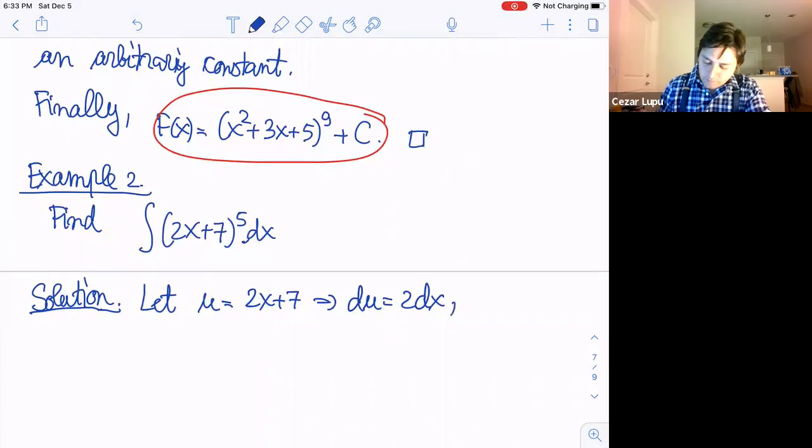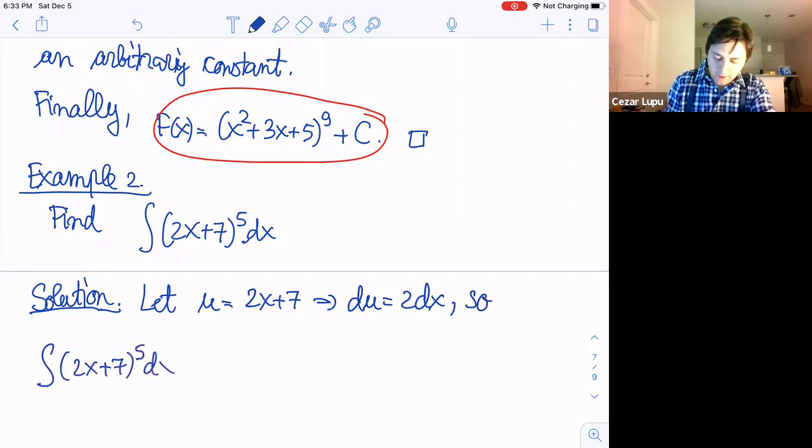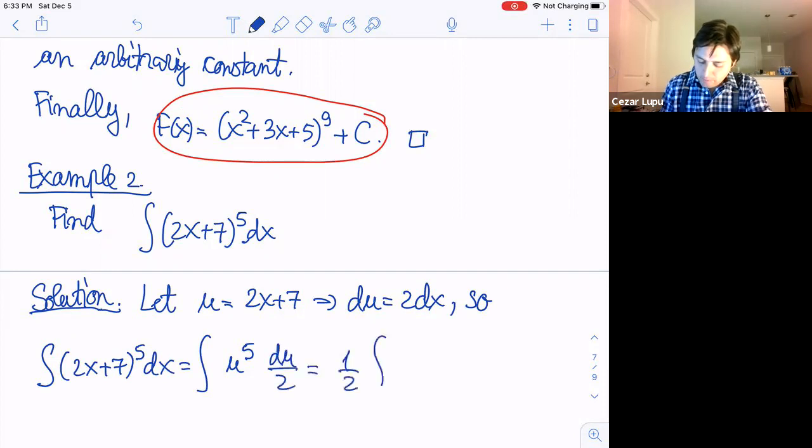So this integral of (2x plus 7) to the 5th dx will be nothing else than just the integral of u to the 5th. And now dx is 1 over 2 du, so it's du over 2, which will be 1/2 the integral of u to the 5th du.